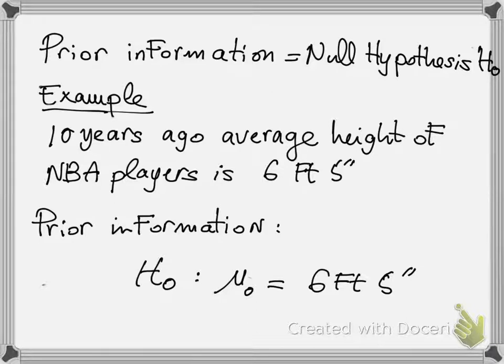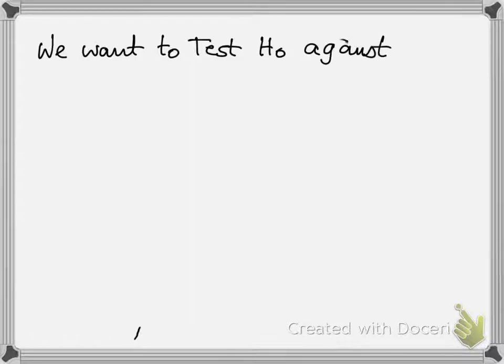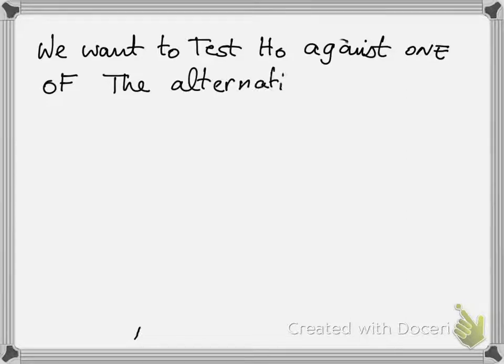Now what we want to do is test this prior information, or the null hypothesis H0, against one of the following alternative hypotheses, and we're going to call the alternative hypothesis H1.